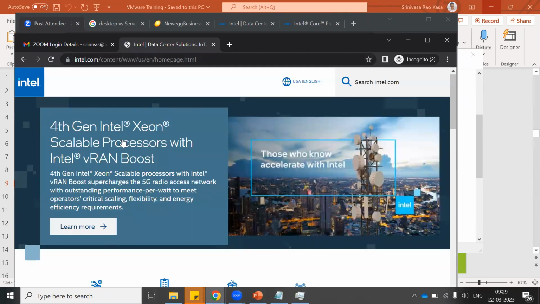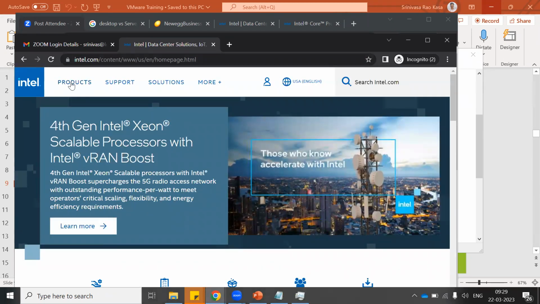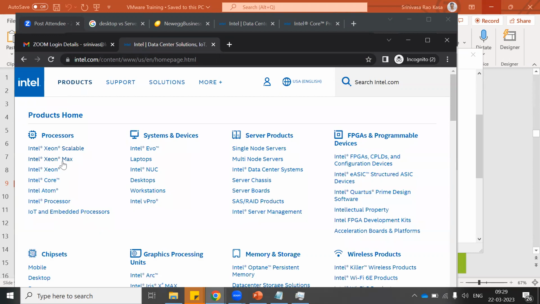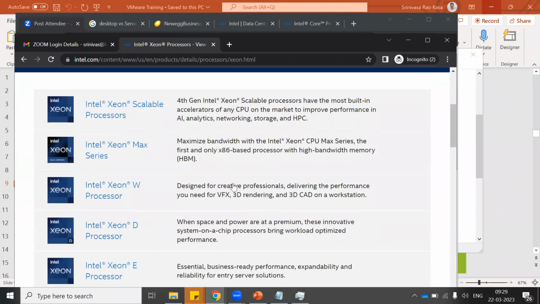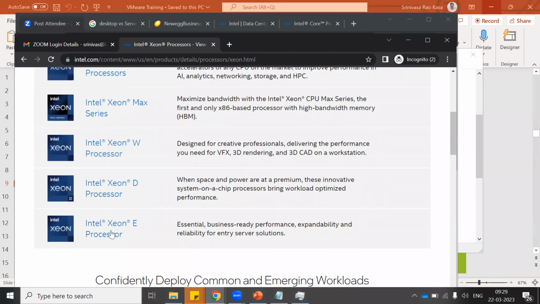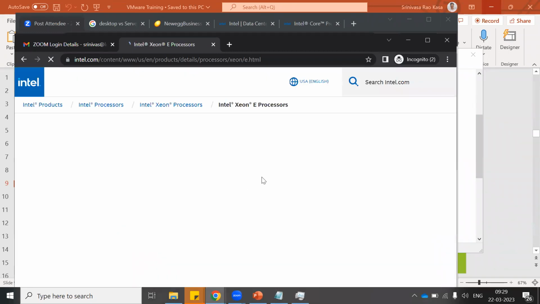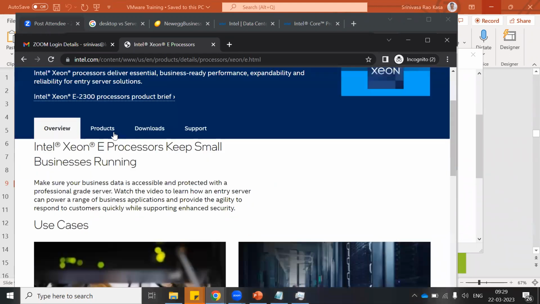There is an AMD site available too. AMD has server processors and desktop processors available. See here, Intel Xeon. What is an Intel Xeon? What is the capacity? How many cores is it going to support? There are different families. I'm going with the Intel Xeon E processor. So each configuration has its products.